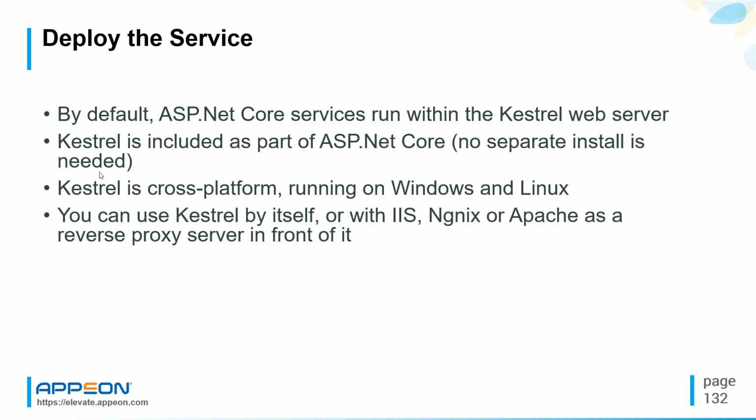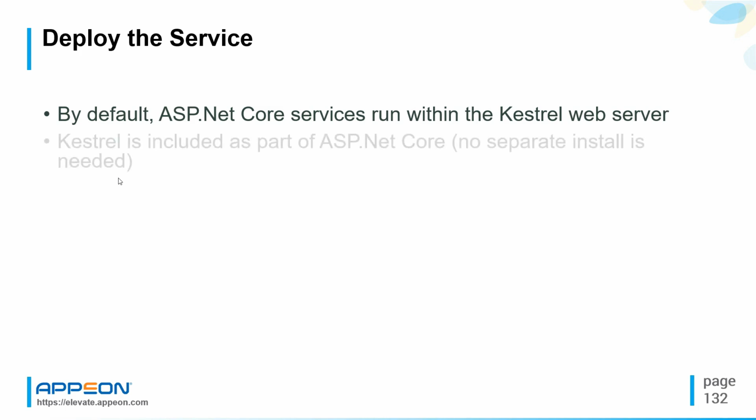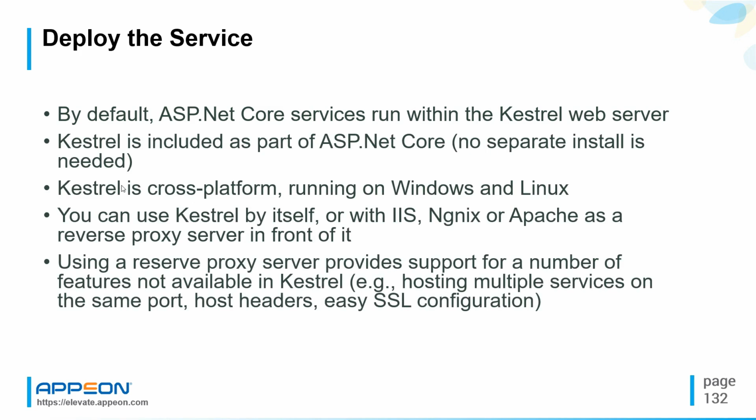Now, there are some advantages to using one of these other servers as a reverse proxy. If you want to support hosting multiple services on the same port, or if you want to support host headers, or particularly in the case I'm looking at, if you want to have an easy way of implementing SSL, then you might want to look at using a reverse proxy. And that's what I'm going to do here.